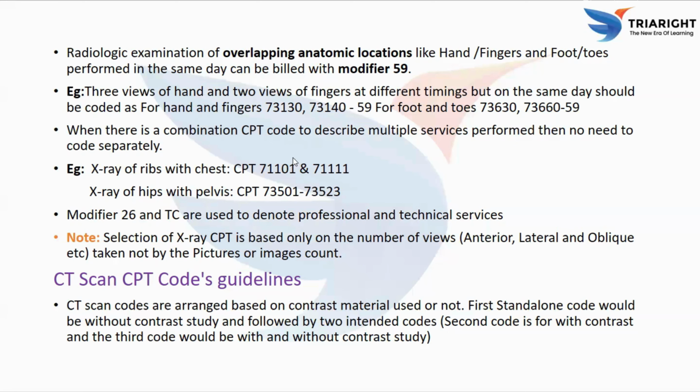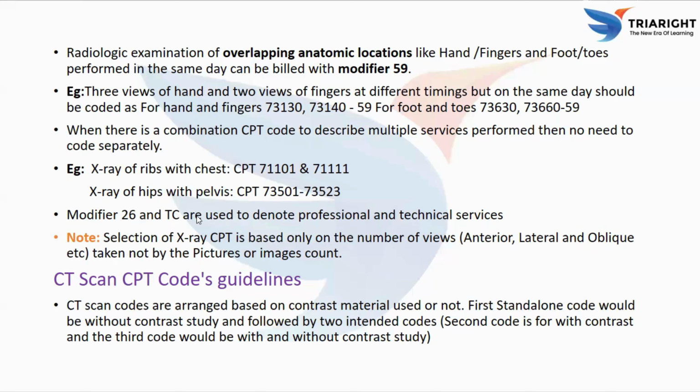So avoid errors like coding ribs and chest separately when a ribs with chest code is available. When there is a combination code, you have to code the combination code itself. You should not assign separate codes.